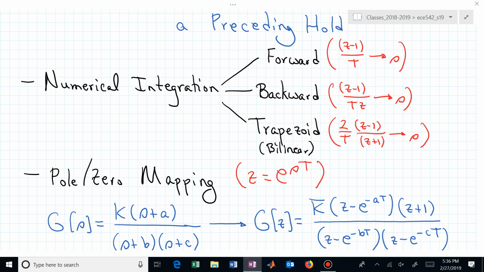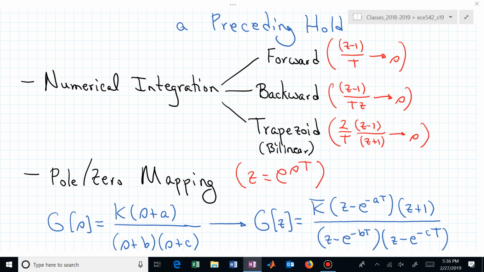Where were we? Oh, with the different numerical integration strategies. We'll go through that today, and we'll hopefully get into the pole zero mapping. But the pole zero mapping is really, where do you map your zeros? So this s plus a factor actually maps to a factor that looks like z minus e to the minus aT, and so really we're replacing s in this z equal to e to the sT with where that zero is located, which is at minus a.